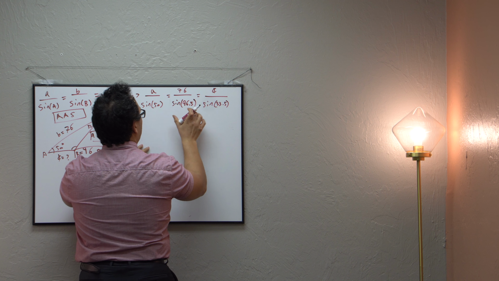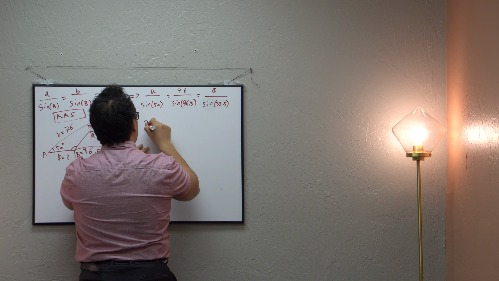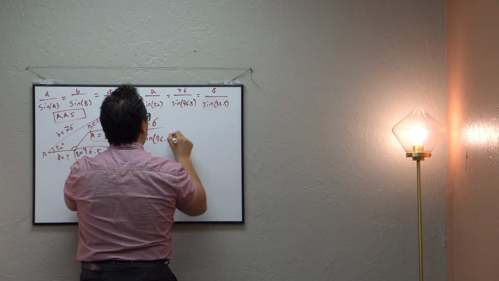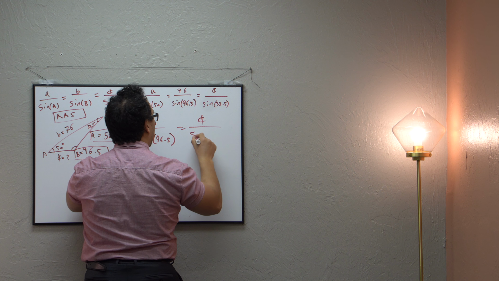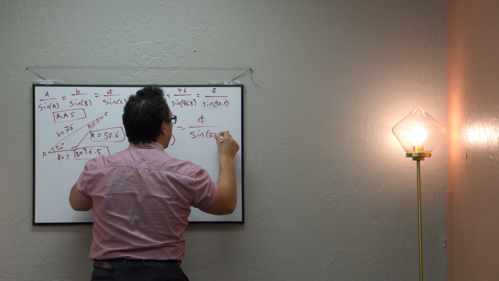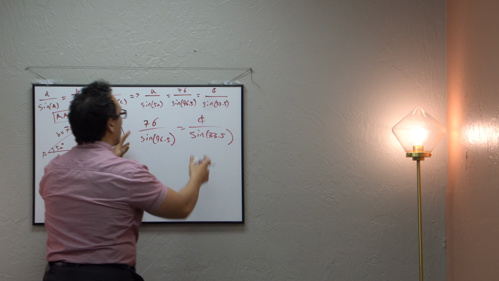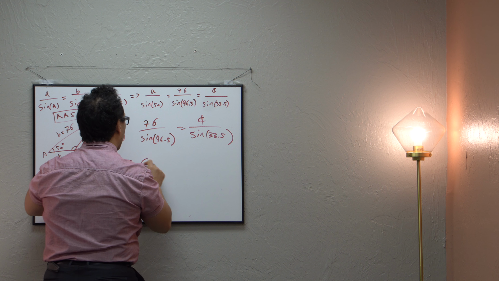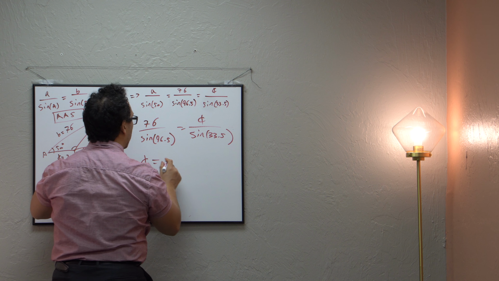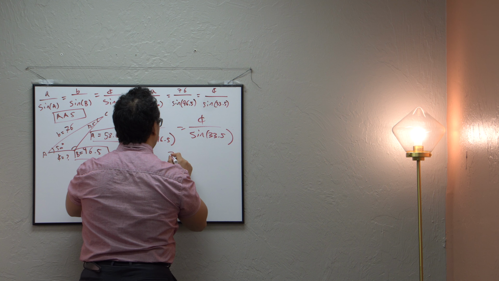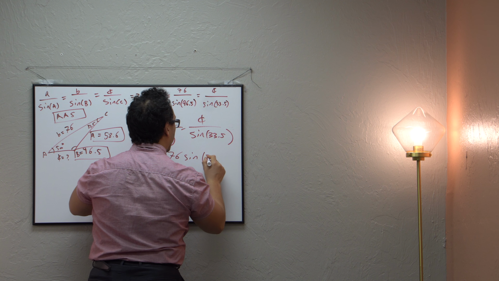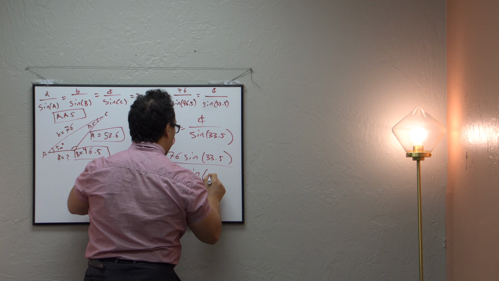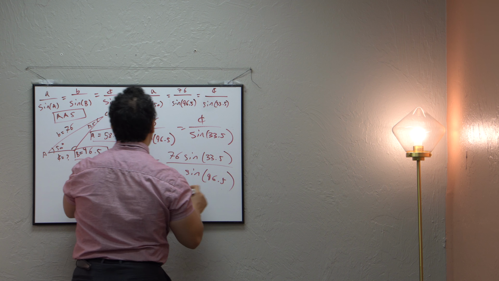So we could just set 76 over sine of 96.5 equal to little c divided by sine of 33.5. Notice that now multiplying both sides by this denominator allows us to algebraically solve for the unknown little c, which then we'll get 76 sine of 33.5 all over sine of 96.5.